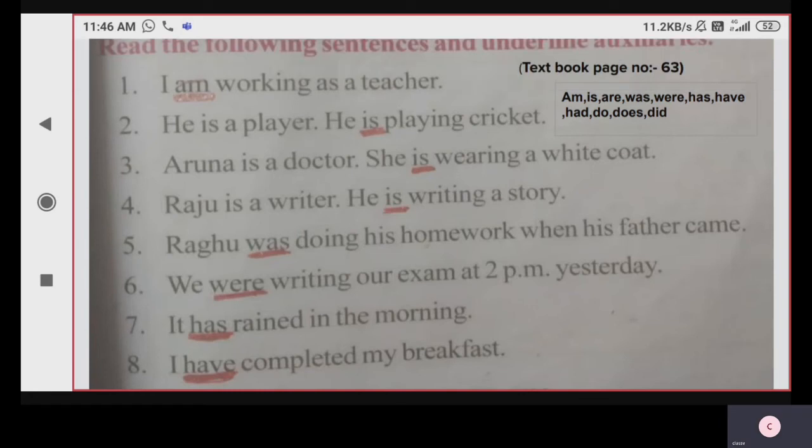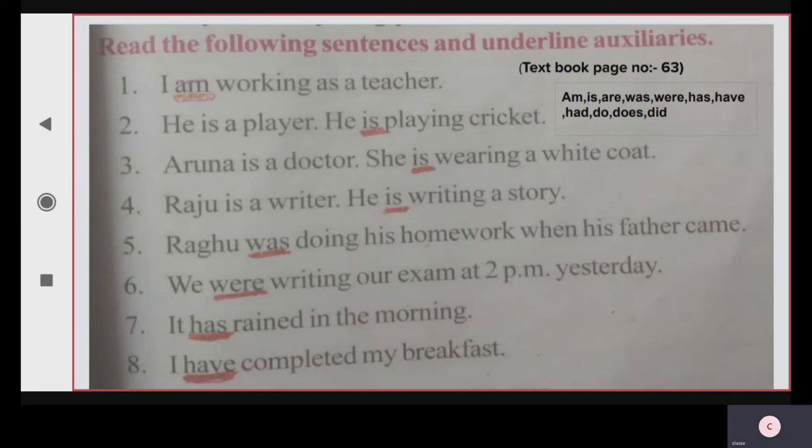Fourth one, Raju is a writer. He is writing a story. Here again, two sentences. Raju is a writer. Is is used again before a word writer, which is a noun. Here the word is appeared as a main verb.